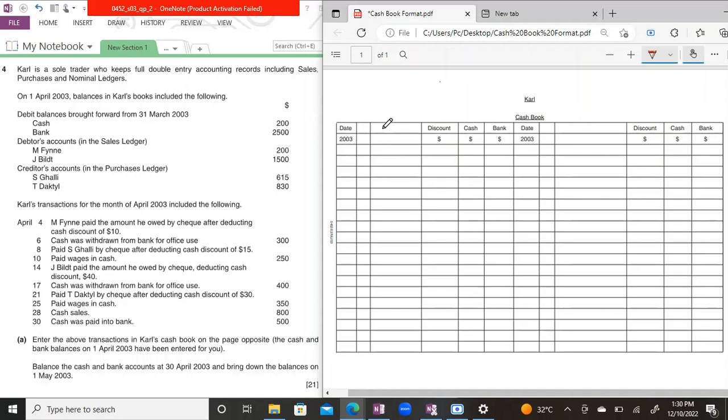this is a format which is given to us: date, the details. So, you can write here the details, and here as well.